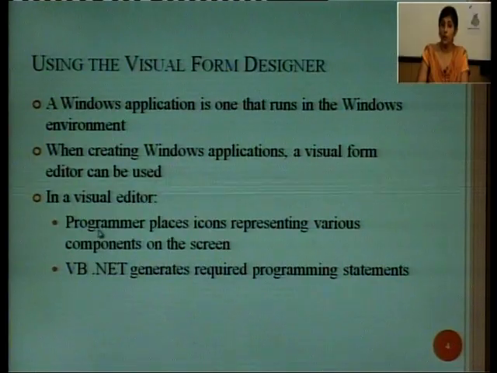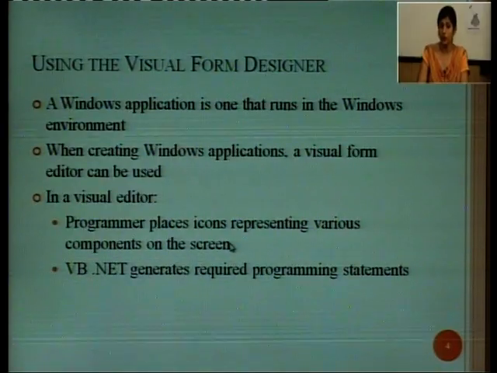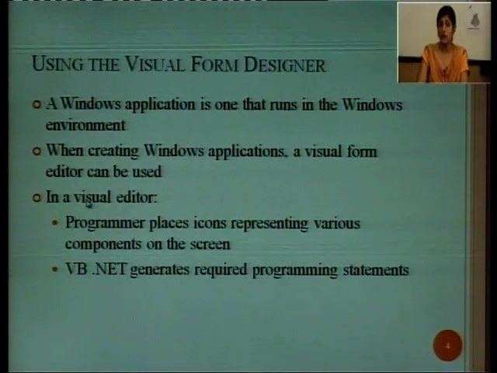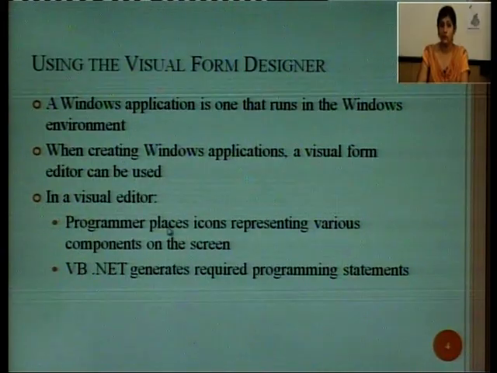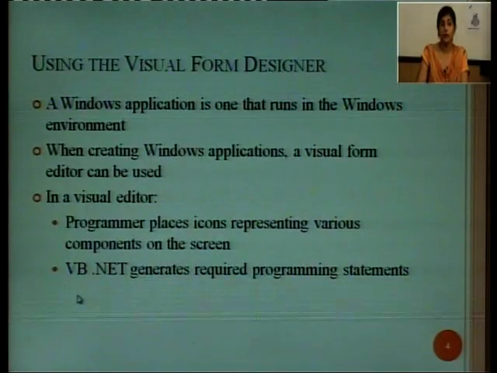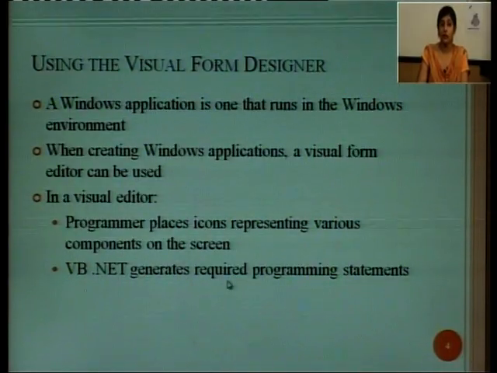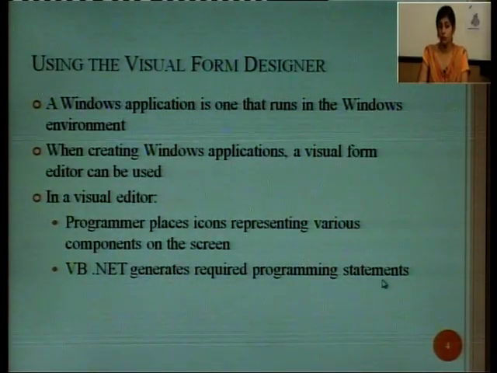The programmer places icons representing various components on the screen. I have already told you that visual means you can use various icons, labels and command buttons on your forms, so it is called a visual editor. The programmer places icons representing various components on the screen, and VB.NET also generates the required programming statements.